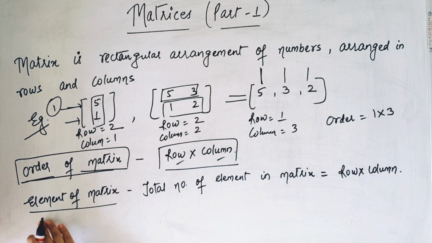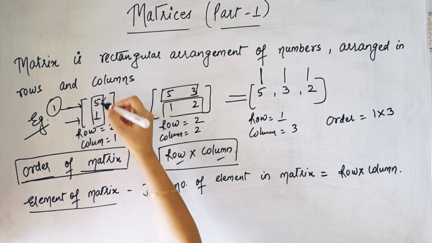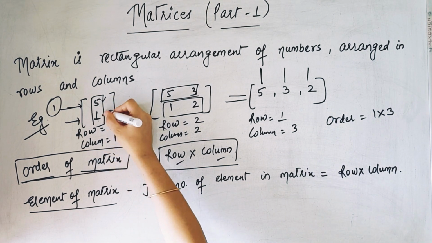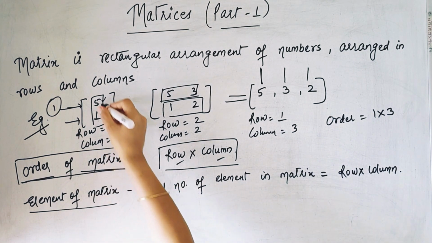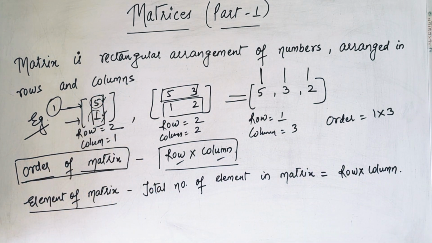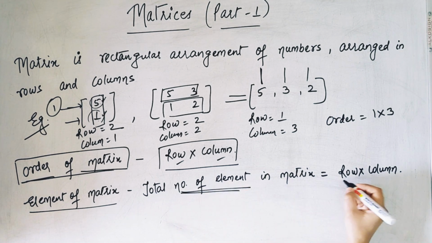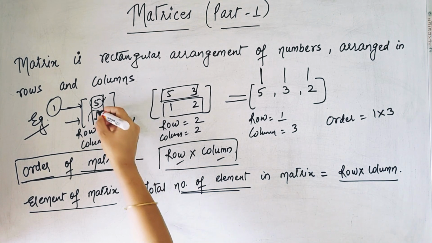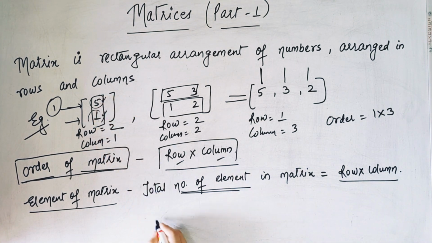Second is elements of a matrix. What are the elements of a matrix? Each member, that is, 5 is a member of this matrix, 1 is a member of this matrix. So 5 is an element, 1 is an element. Now when we have to calculate the total number of elements in any matrix, the total number of elements is row into column. Like here the total number of elements is 1 into 2, 2.